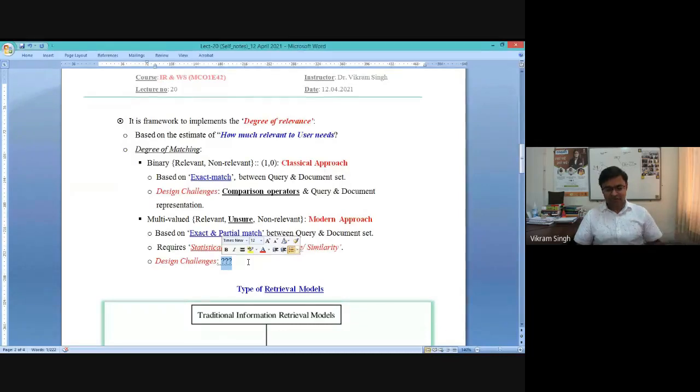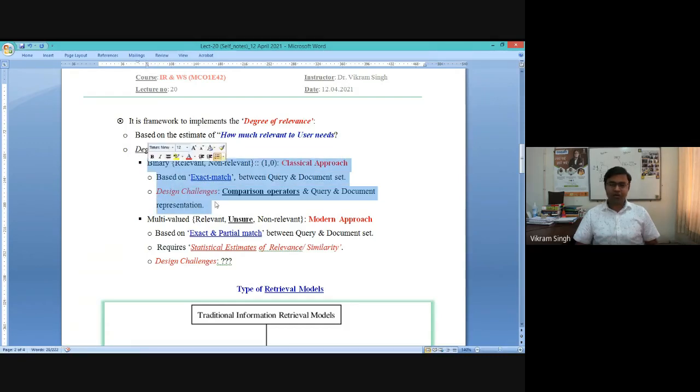The traditional way of data representation will not work. You should have a different or unique way of data representation for both query and document, right?